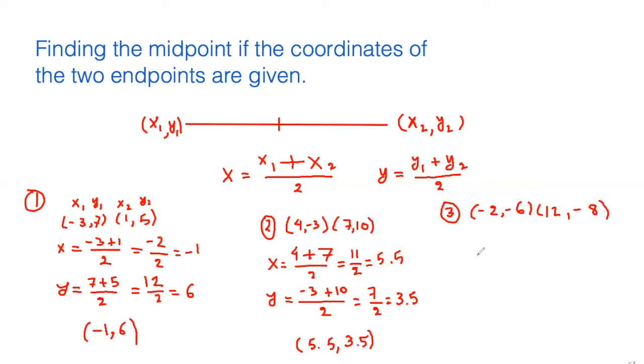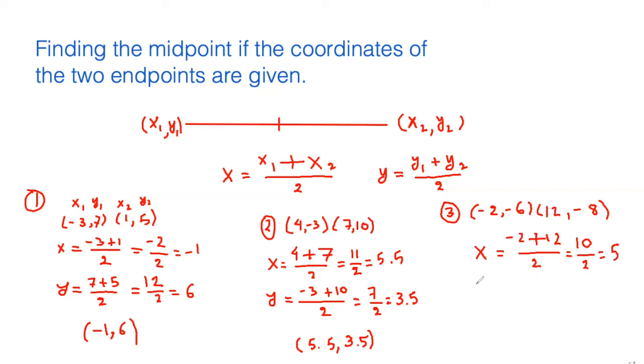So here also same thing, we have to find x by adding x1 and x2 and dividing by 2. So x1 is -2 plus 12 over 2. So it gives me 10 over 2. 10 divided by 2 is 5. So the x coordinate is 5.